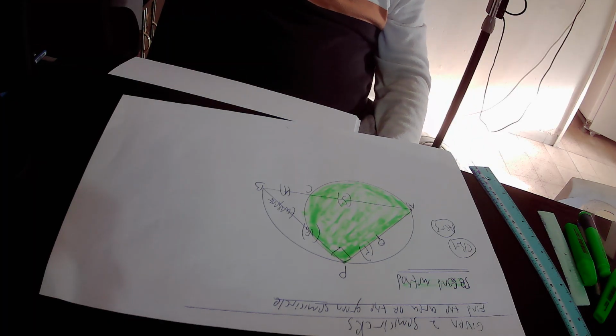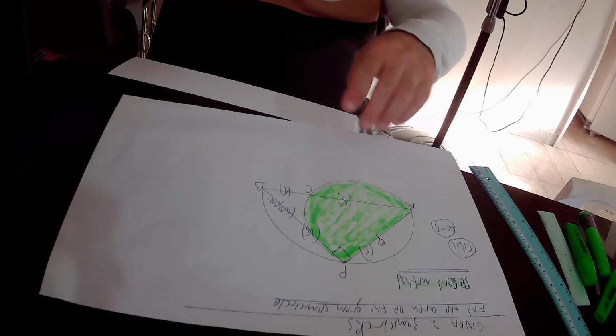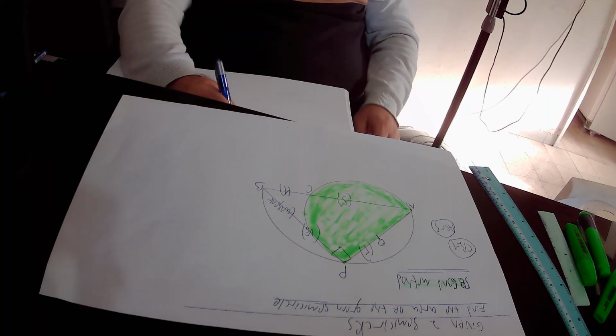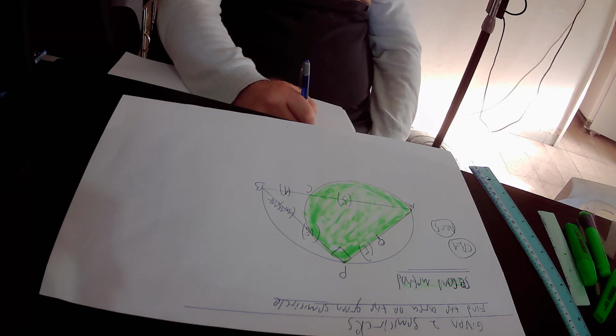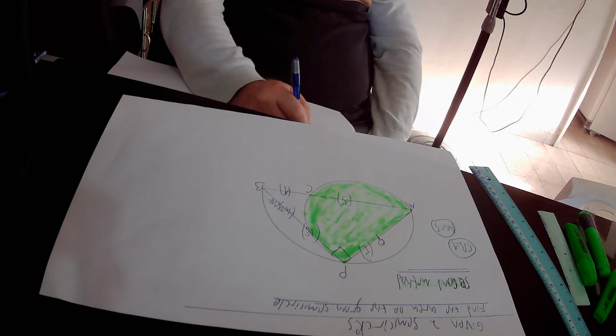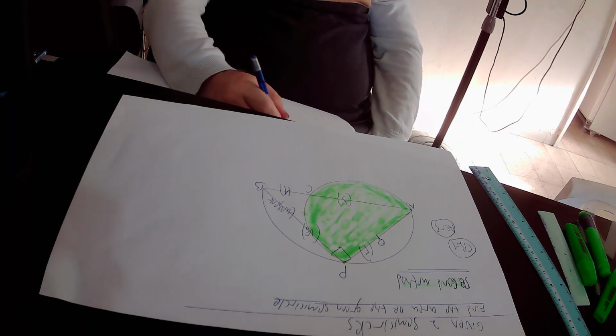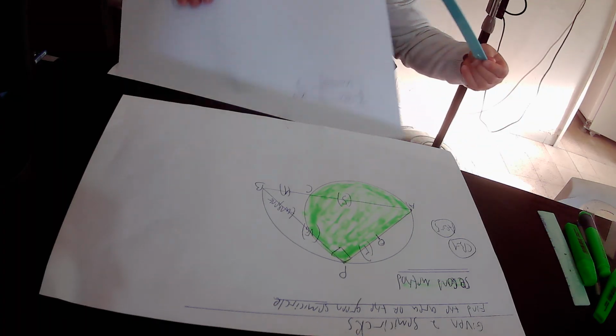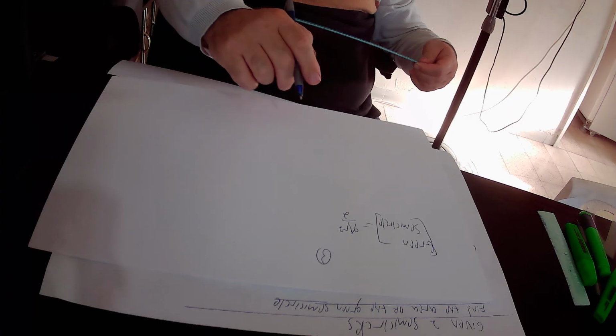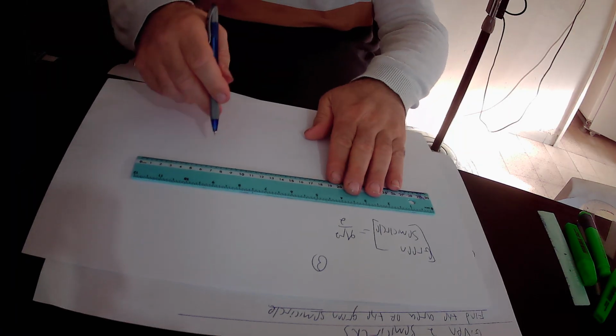Again, our mission is to find the area of this green semicircle. And the area of the green semicircle is of course equal to pi r squared over 2.